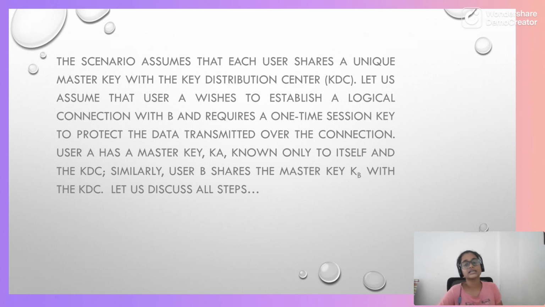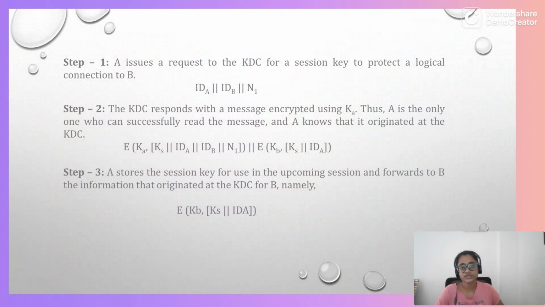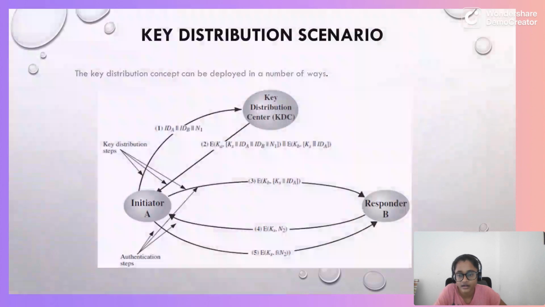Now let us discuss all the steps that follow. Step one: A issues a request to the KDC for a session key to protect a logical connection to B. So first, A should request the session key from the KDC so that it can have a logical connection with B. That's what we have seen in this image, where we have the authentication steps, right?